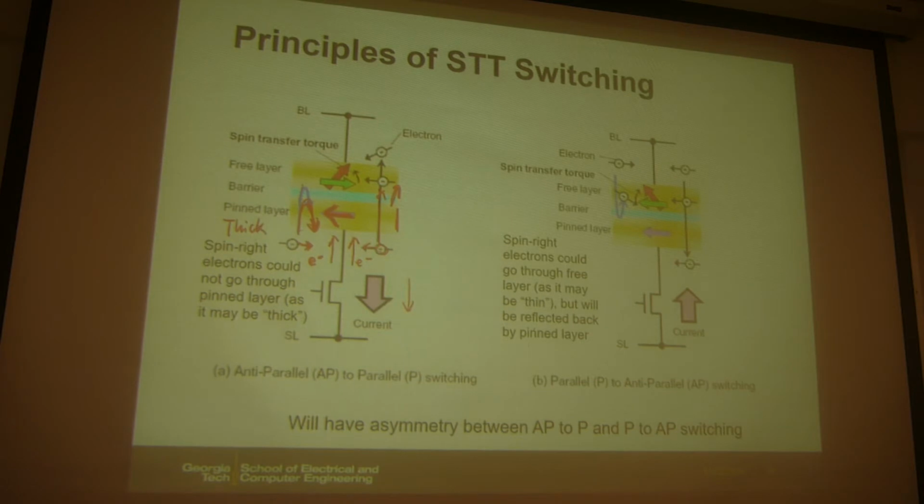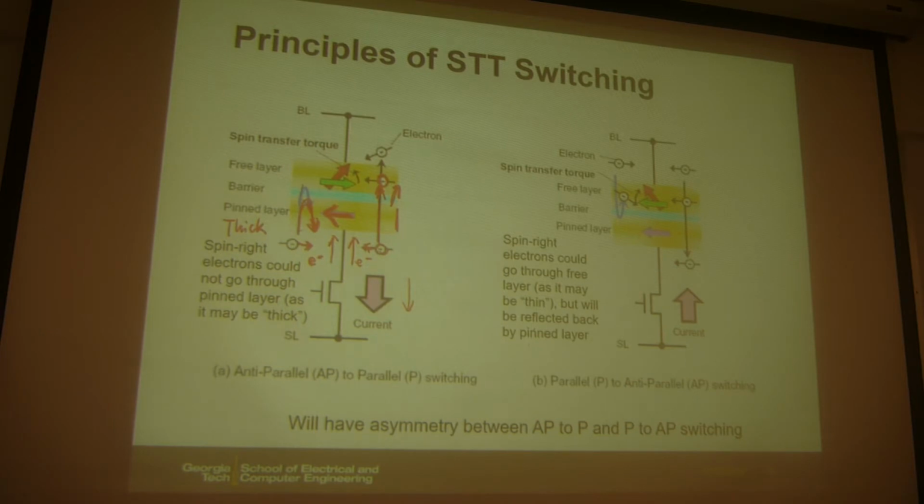The reason it is pinned is that it's thick, so you cannot change the orientation of the pinned layer. So the electrons pointing to the right will be reflected, will not tunnel through the barrier. Only the electrons pointing to the left will tunnel through this barrier and then enter the free layer.